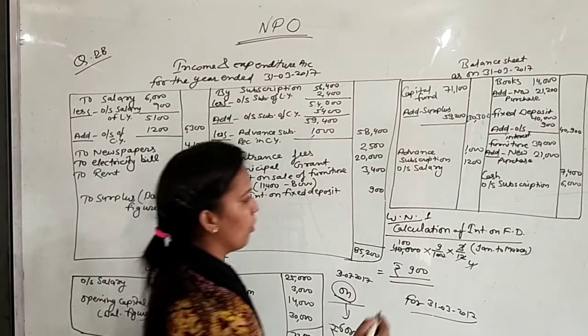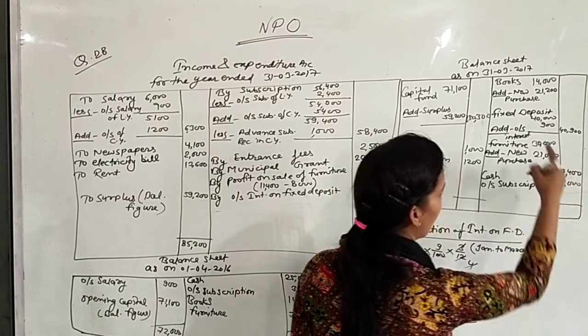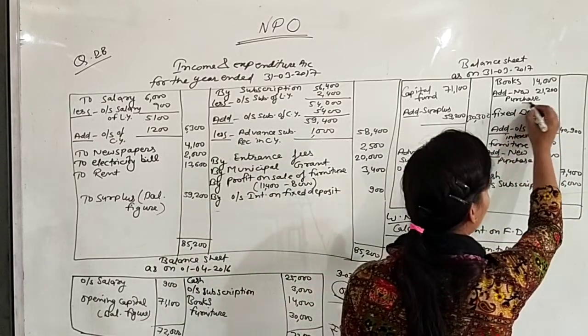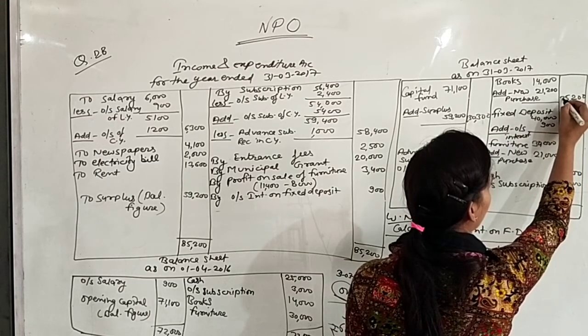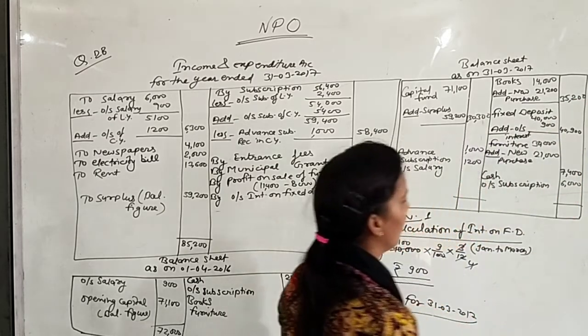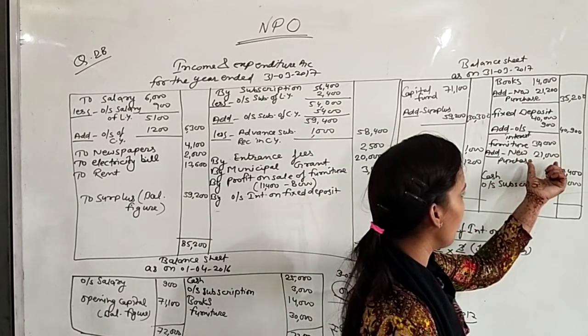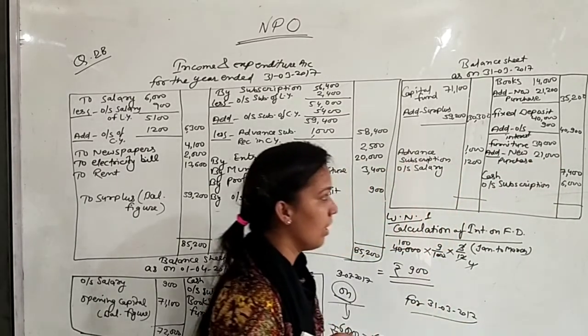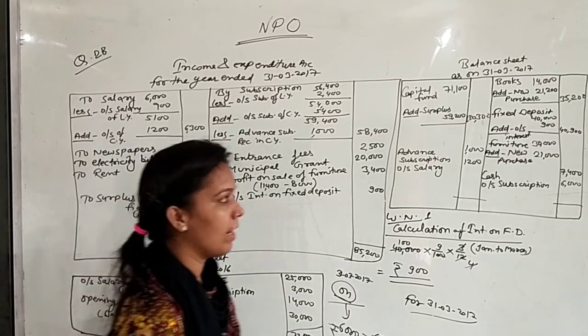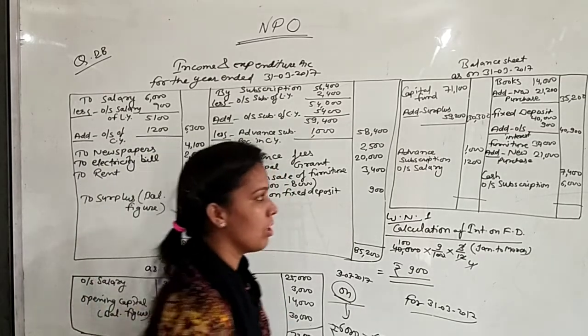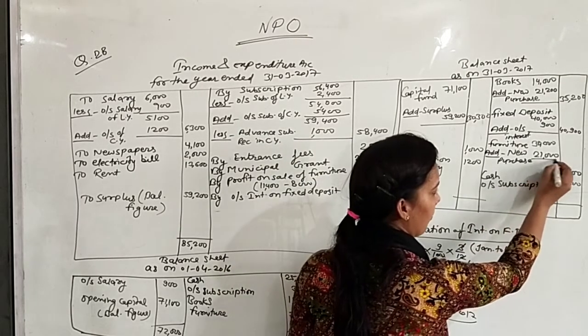Now get the total of both sides. First, just take the net total of these amounts. Books, total books are 35,200. Furniture 30,000, 21,000. And let me remind you of one more point. In your receipt and payment account, you sold one furniture whose book value was 8,000. We will deduct that book value here.